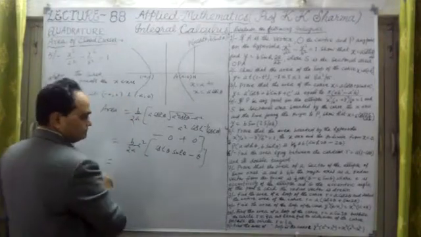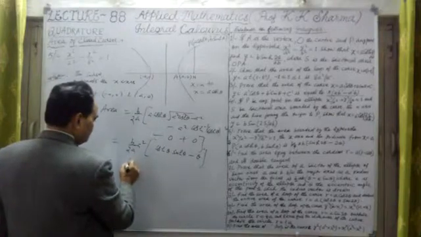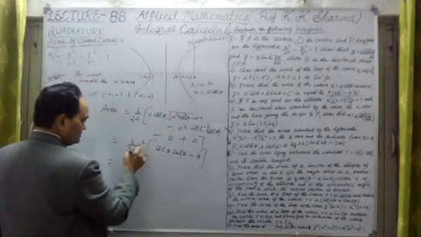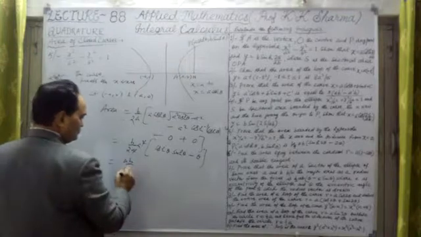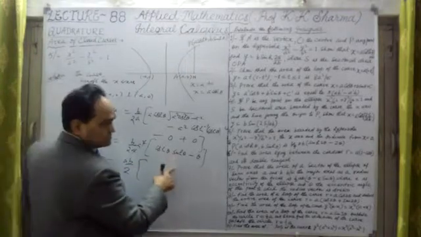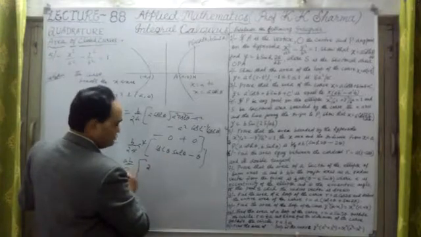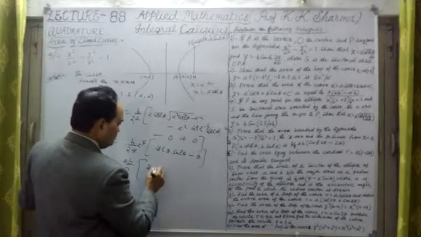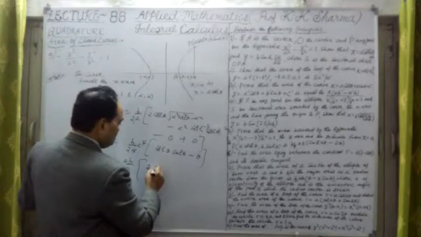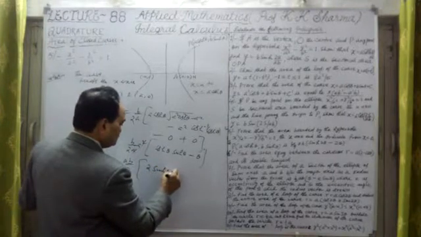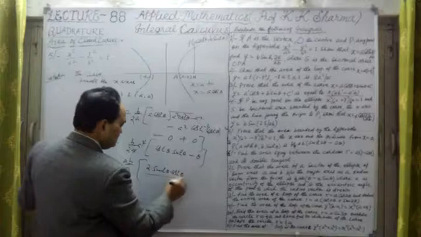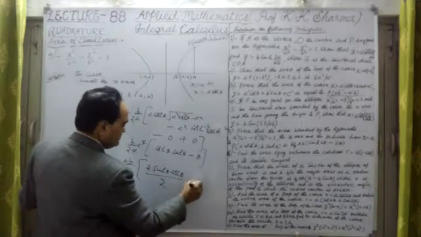Now let me further solve it. This is ab upon 2. Now sinh theta cosh theta, if I multiply by 2 and divide by 2, no problem. It will be sinh theta cosh theta minus theta.